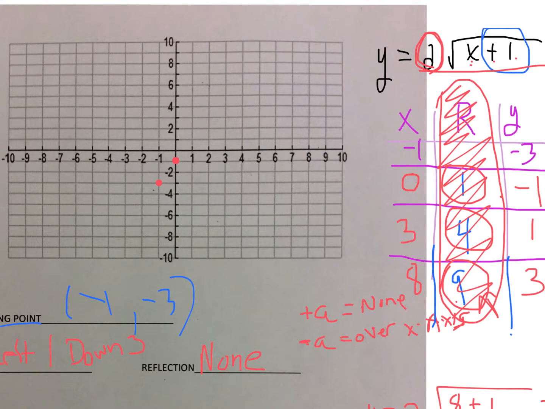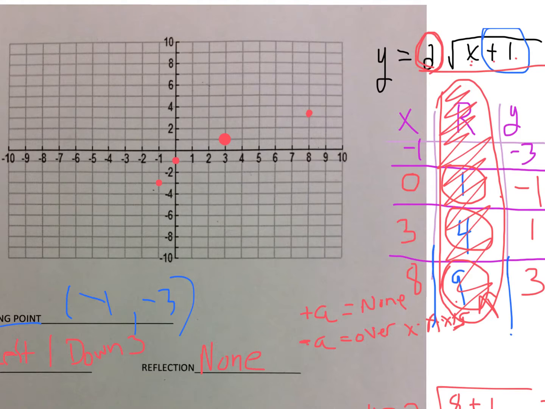Alright, so now we're going to plot the point 3, 1. And then we have the coordinate 8, 3. Now I'm going to take this pen down a little bit. So 8, 3.